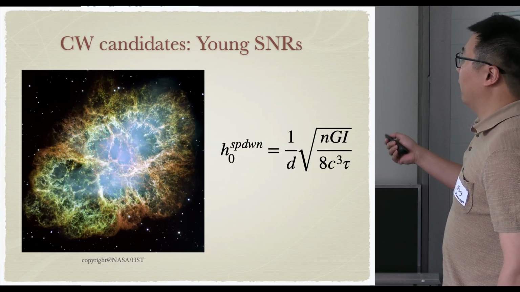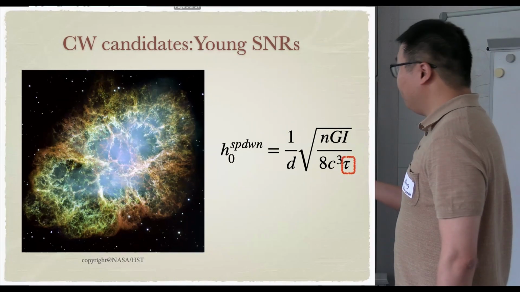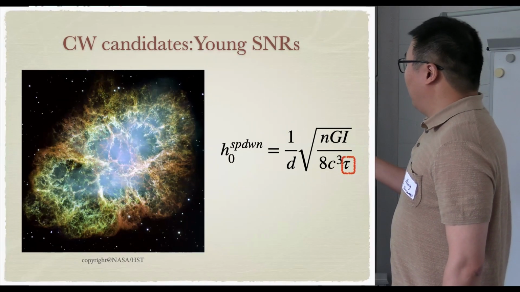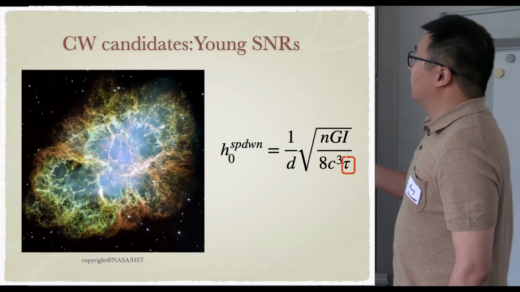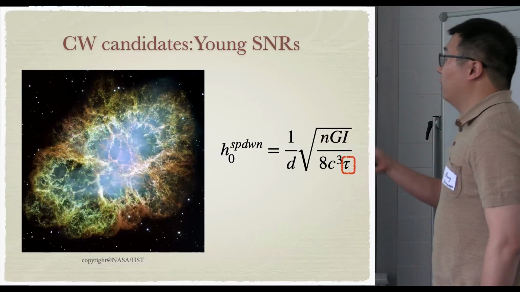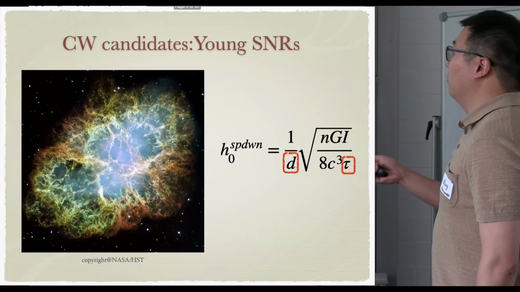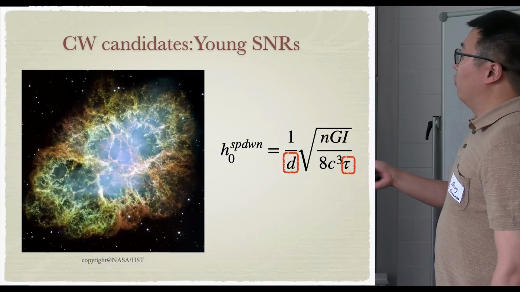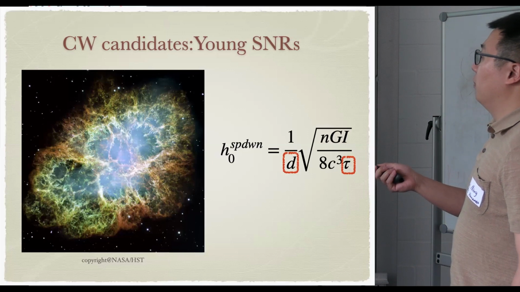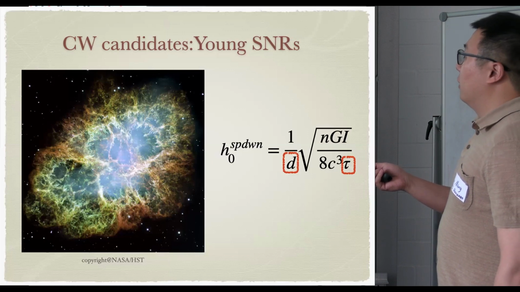Here are the constants. For a younger source, this upper limit can be higher, so that's why young is important. And a closer source is also better for us.